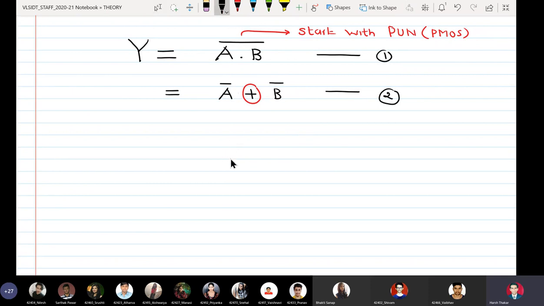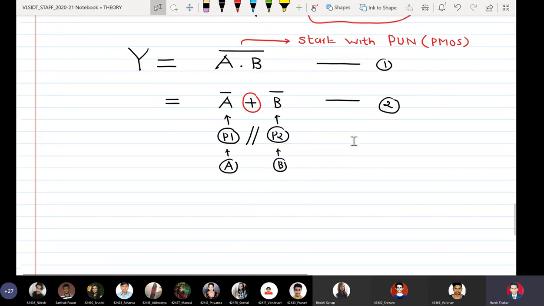So the variable A is applied to the MOSFET P1, PMOS, and B is applied to the second. So it gives A bar, it gives B bar, and P1 parallel P2.